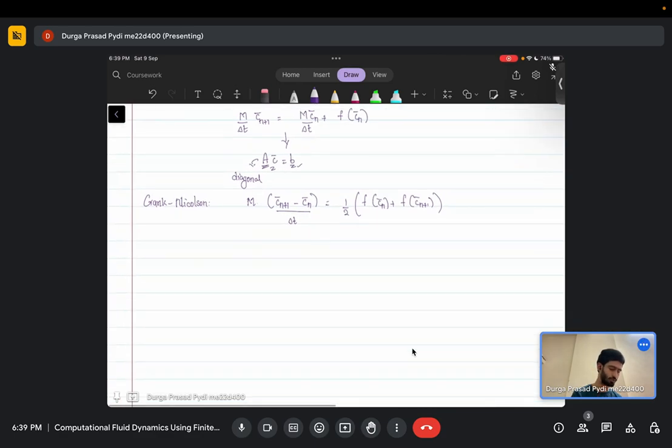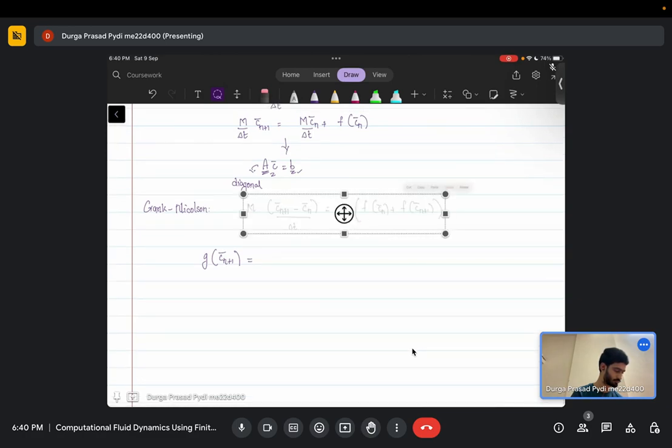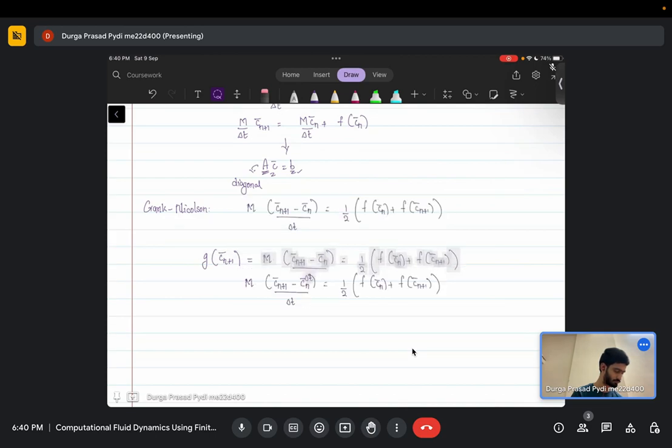So the approach is very similar. Now you define a function g at n plus 1, and just take everything to the LHS.